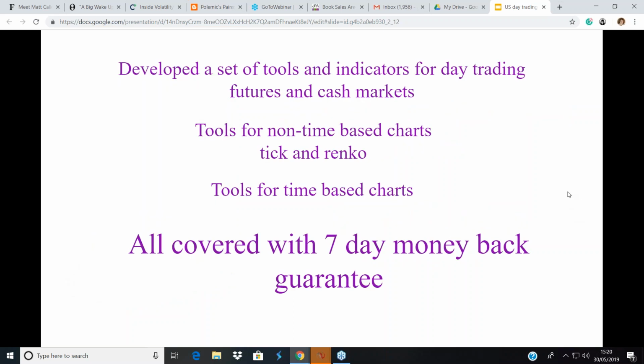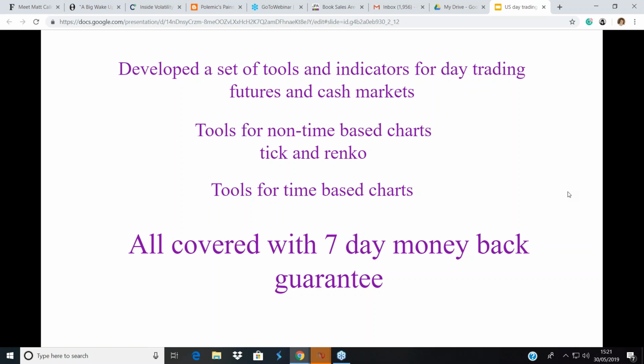As I said earlier, we've developed a specific set of tools for what we call day trading, the futures and the cash markets. Some of these tools also appear in the full package, which covers the Forex markets, but there are also non-time-based charts, particularly tick and Renko, because when you're day trading fast-moving markets such as the ES and the NQ, time charts are sometimes just too laggy.